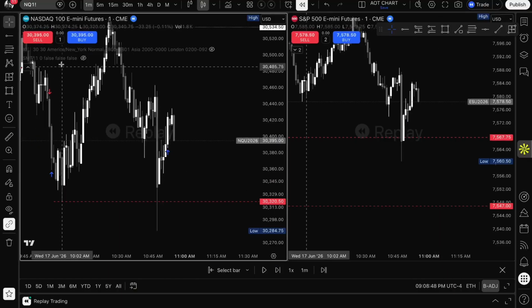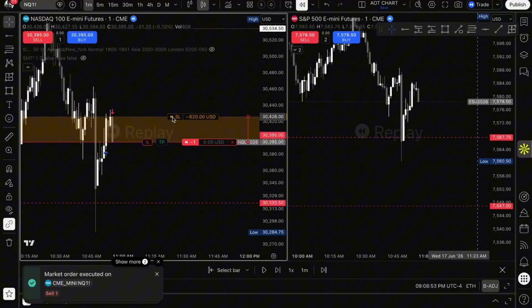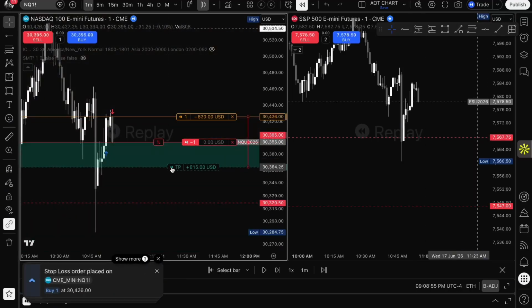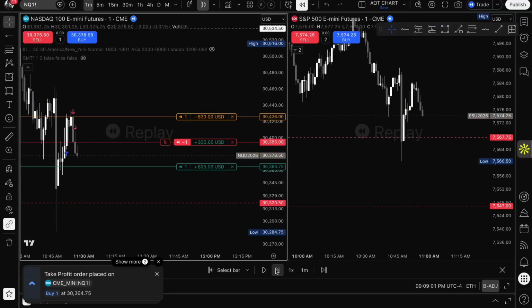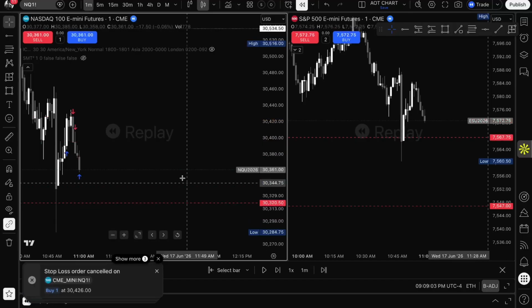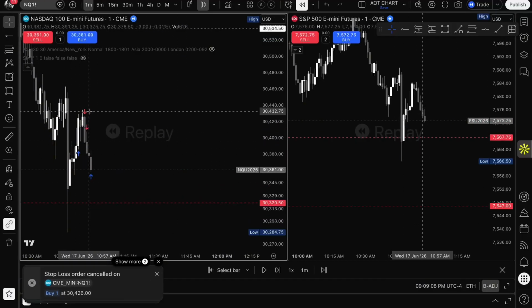Boom, disrespected it. Enter like here, put my stop loss here. I targeted 30 points. TP, bang. This reverse sequence failed.